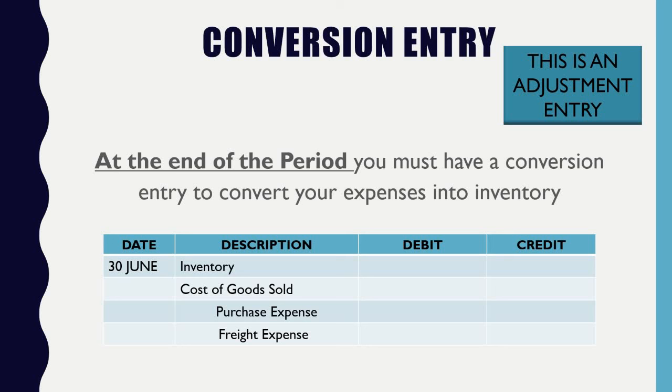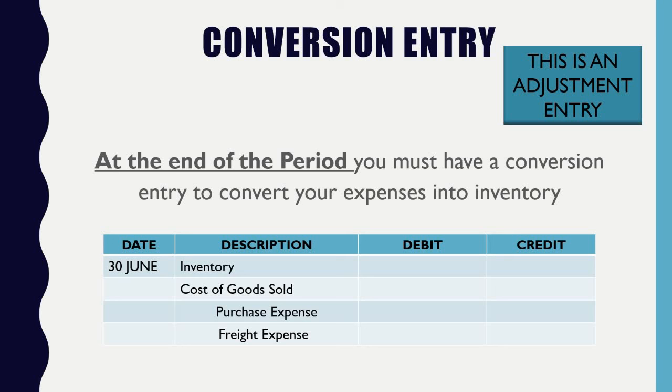Now that we're done and we've calculated, it's the end of the given period, and we took our physical count, this is where we can say, okay, now is the time where we can recognize it and dump it into inventory. But notice this. When we made our purchases of inventory, we purchased 200 items. But what happened to those 200 items? They were depleted because you sold 120 of them.